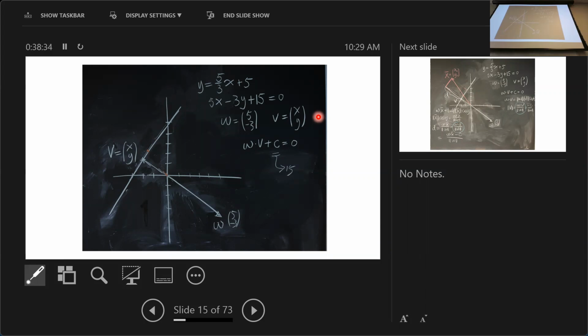I don't have a name for this vector, but this vector tells you the slope information of the line. So this vector is here, 5, minus 3. This vector points to here. So this is W. No problem there.